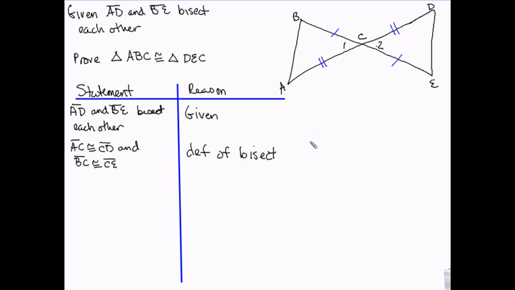You can number the angles so that you don't have to say angle A, C, B. You can just say angle 1. And we know that they're congruent because they're vertical, so you just write vertical angles. Okay. And then I have that the triangles are congruent because of side, angle, side.